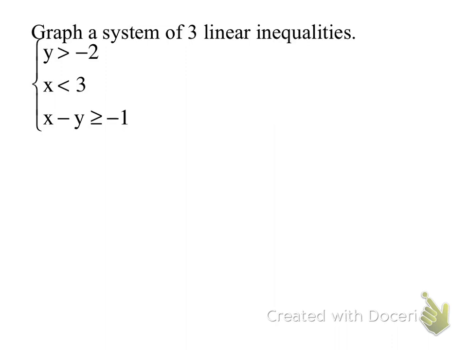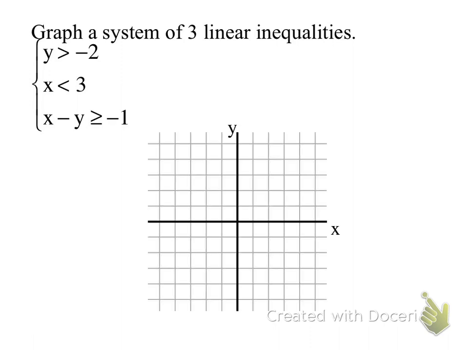All right, sometimes they might give us 3 inequalities. So sometimes you may have 3 inequalities. You're doing the same thing. If you have y is greater than -2, y is always going to be -2.